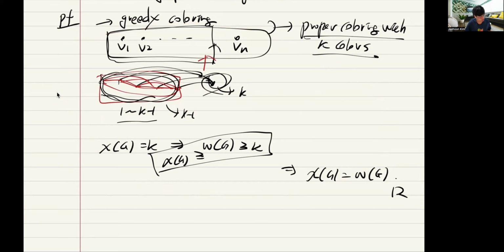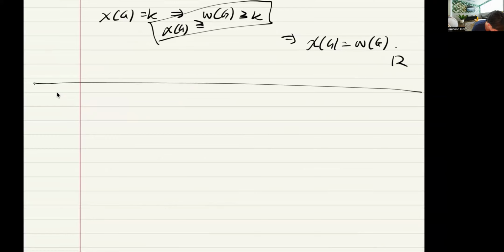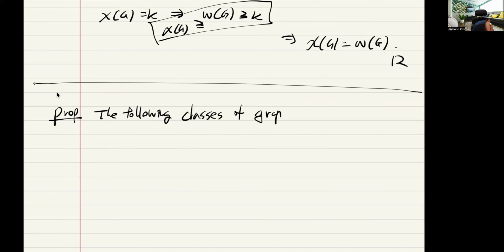And there are more examples of perfect graphs. And we can prove that the following families of graphs are perfect.